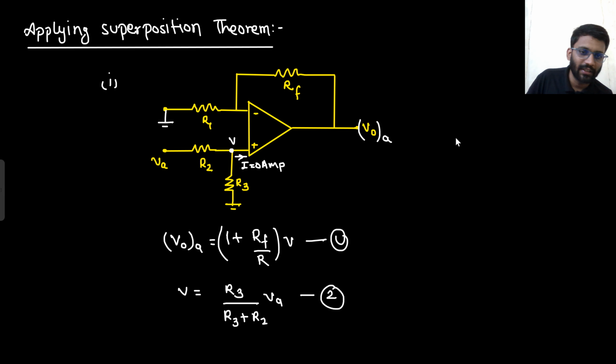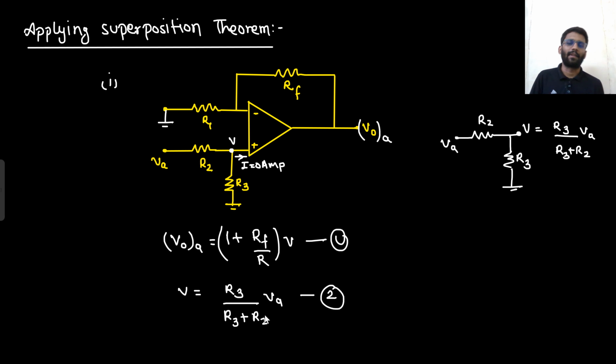So directly the configuration looks something like this. This is R2 and this is R3 and this is VA. You are just finding the potential V here, which equals R3 upon R3 plus R2 into VA. That's it. So by equations 1 and 2 you can write down the value of V naught A.